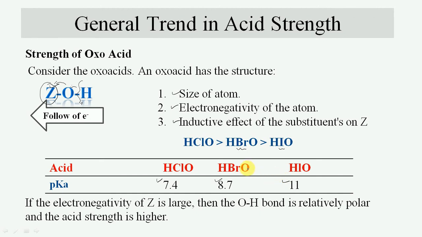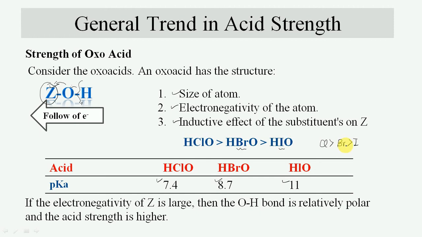If we compare the electronegativity of the atom attached to oxygen, then the order is: chlorine having the maximum, then bromine, and lastly iodine. Therefore, the tendency to withdraw the electron from oxygen toward itself decreases from chlorine to bromine, then iodine.